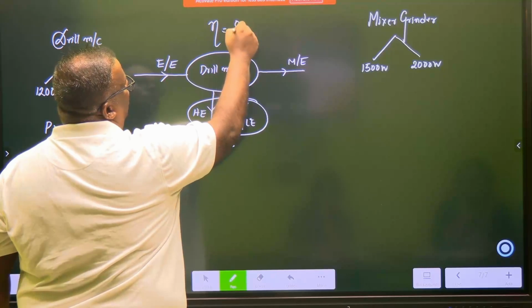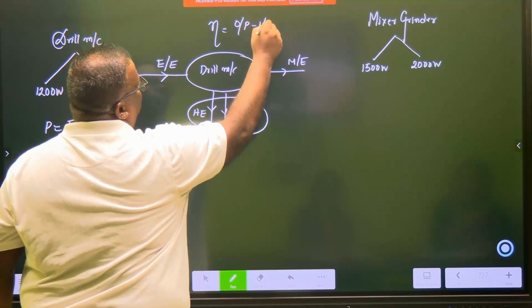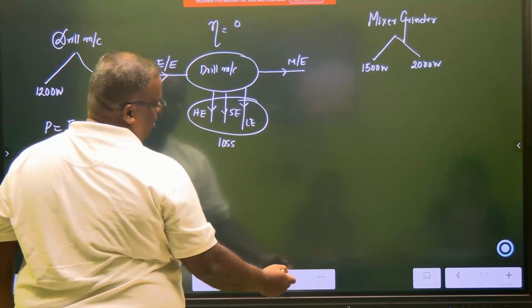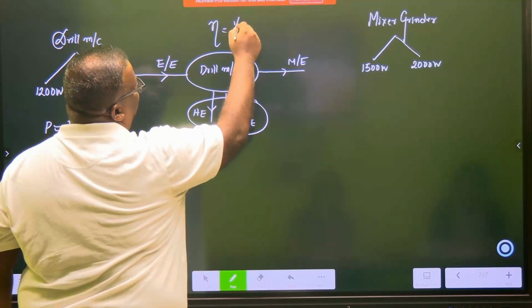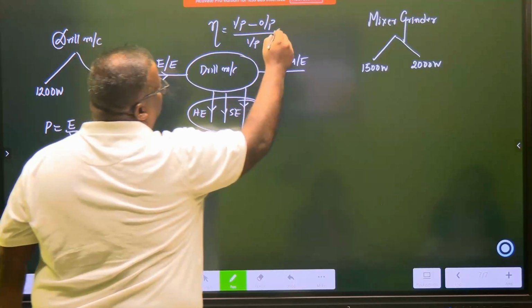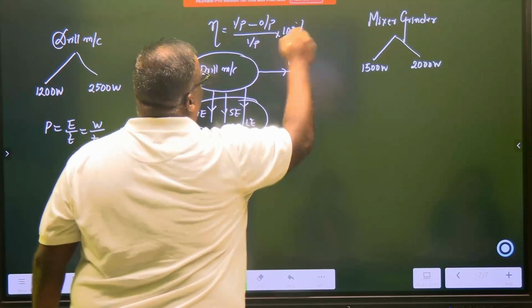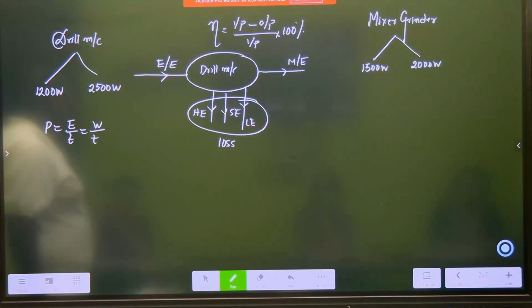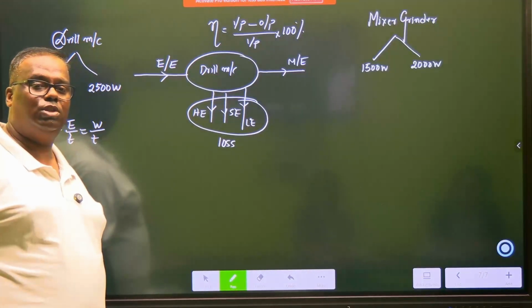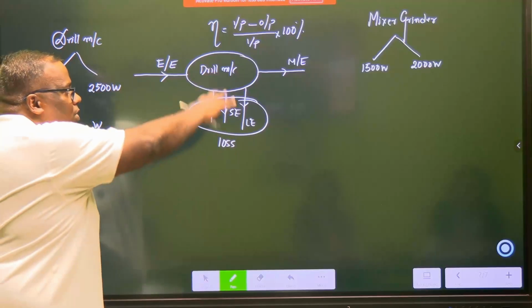Efficiency is the ratio of output, how much work you are doing, divided by input, into 100%. So let's say our drill machine is 98% efficient. That means if you feed it 100 joules, it will do work worth only 98 joules. 2 joules will go away this side.